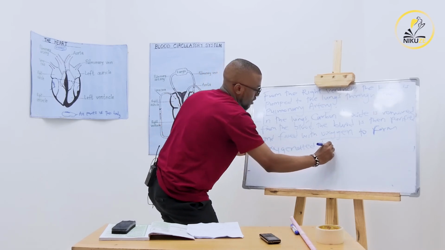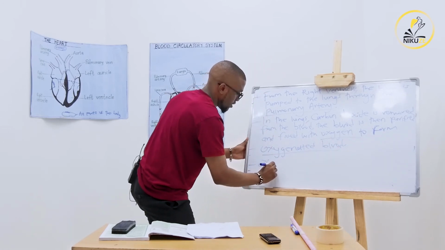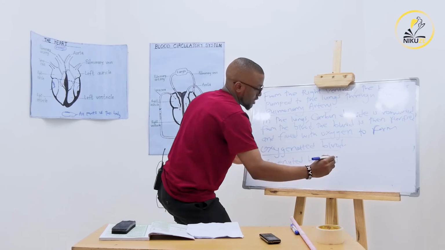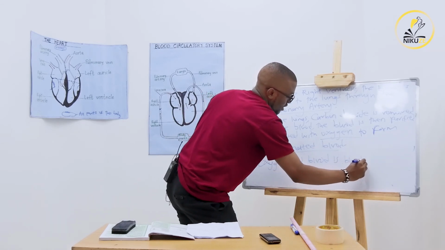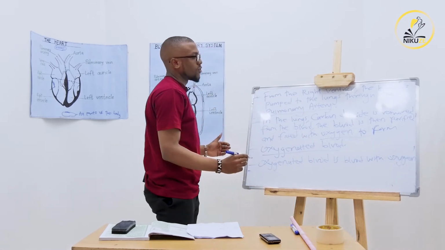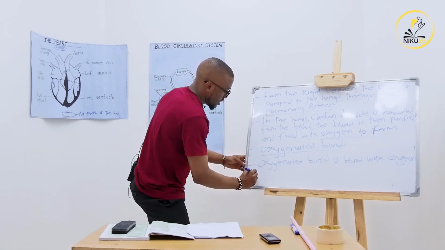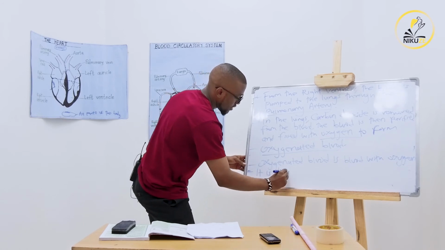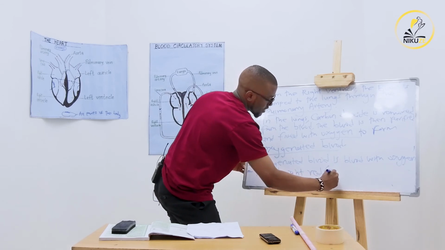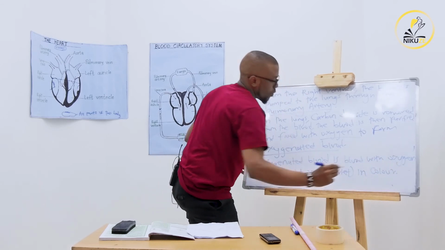Oxygenated blood is blood with oxygen. It is bright red or scarlet in color. That's the color of oxygenated blood.